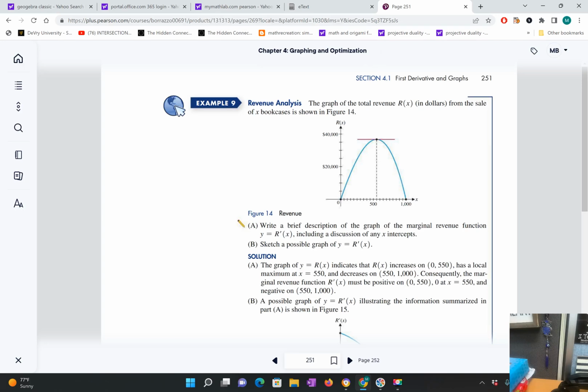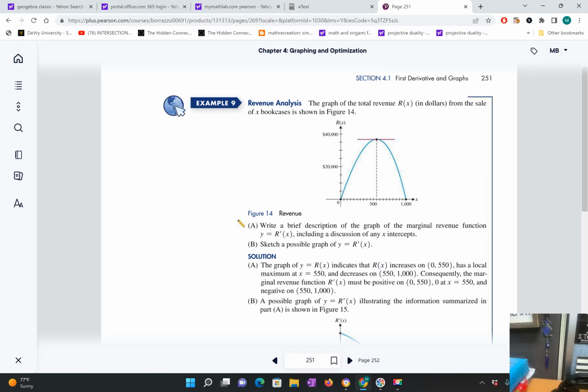In the description they're providing, the graph of Y equals R prime of X indicates that the function increases on 0 to 550, has a local maximum at X equal to 550, and then decreases from 550 to 1000. Remember, we're looking along the X-axis only there.